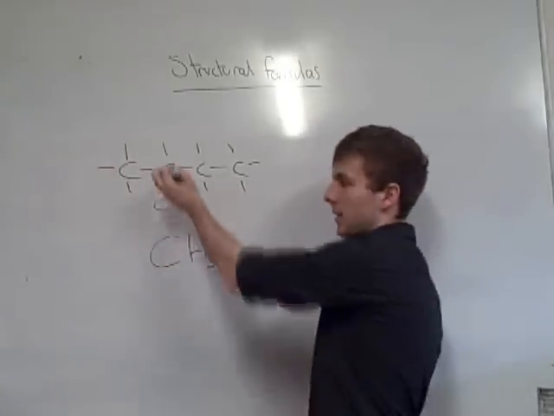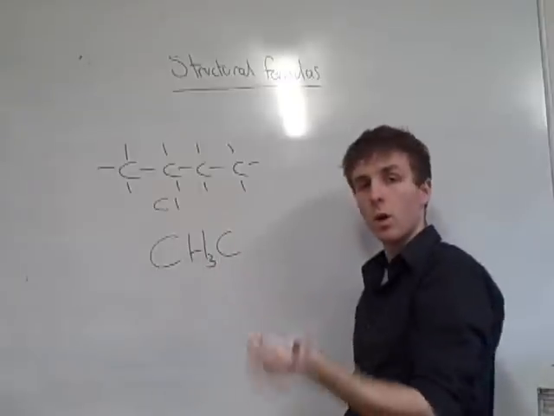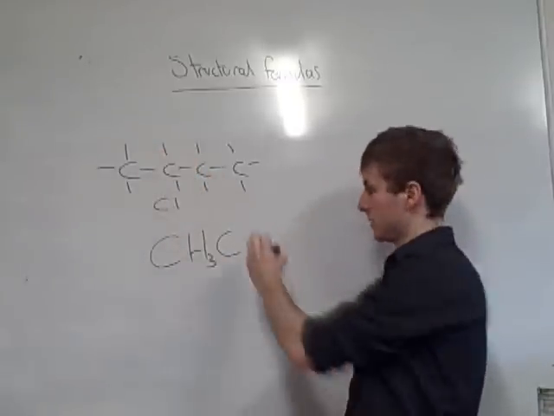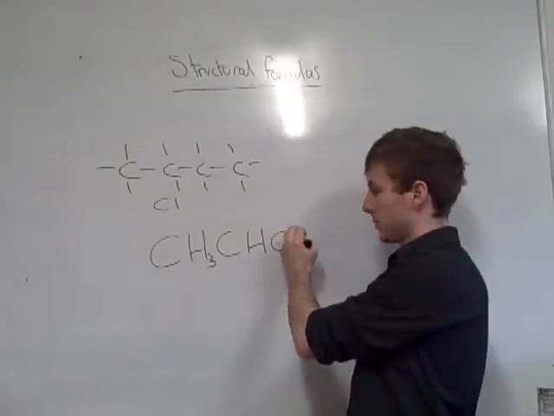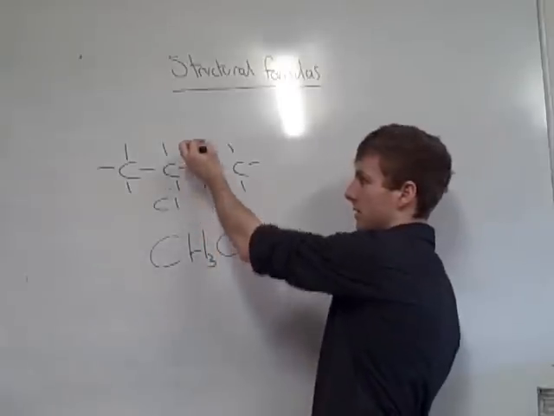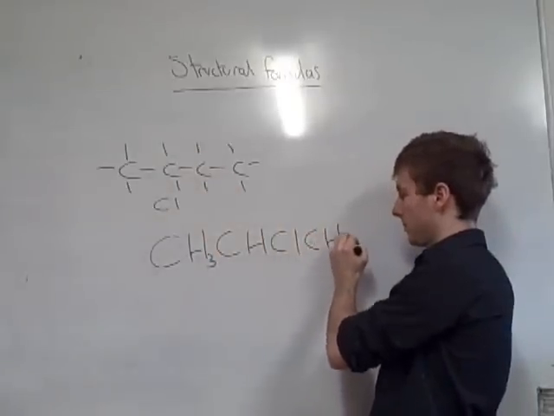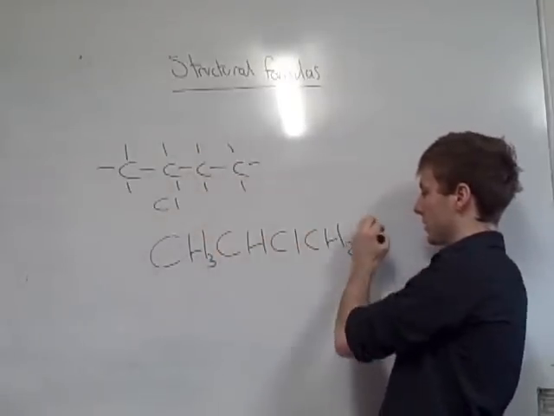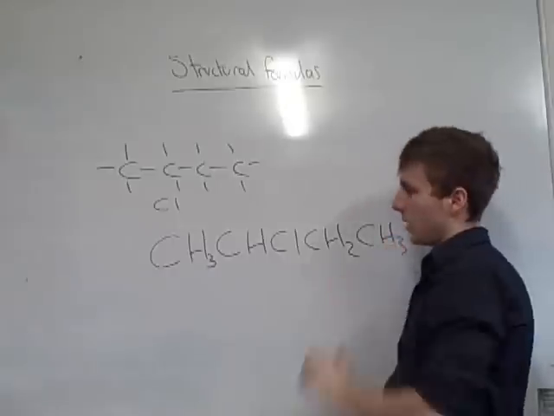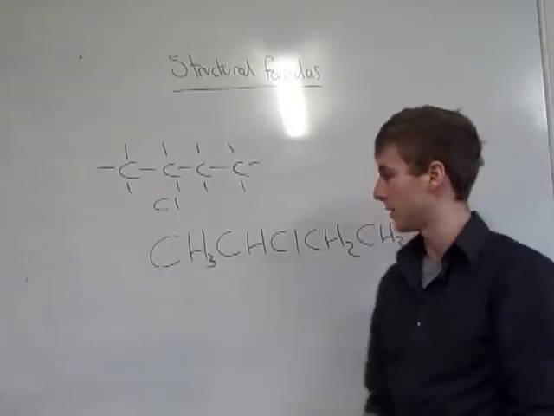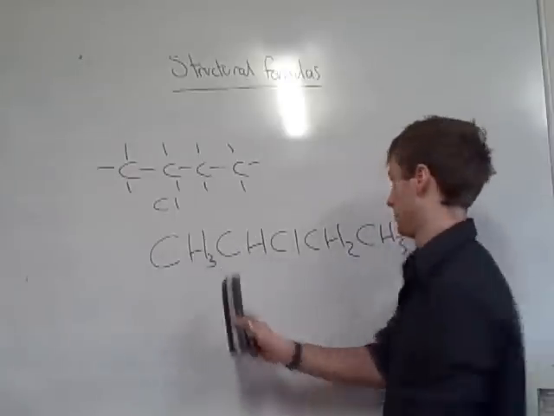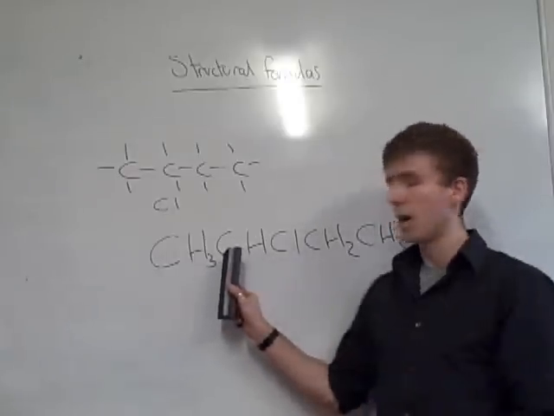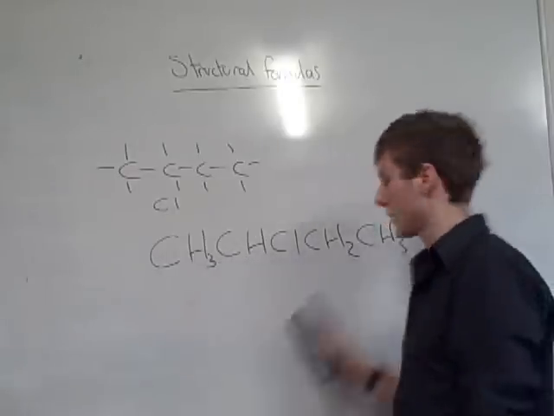I then write down my second carbon, and that's got 1 hydrogen attached to it, and a Cl. So I just write that down next to it. I then got my C with 2 H's, and my C with 3 H's. So if you've got a halogenoalkane, you just write it down next to your H's, in front, behind, whichever way you look at it, of the carbon it's attached to. Okay?